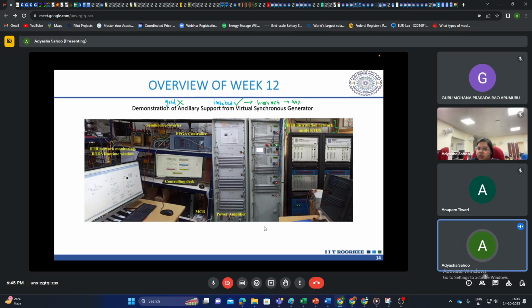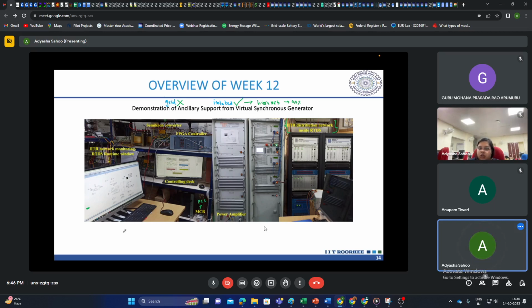Then this Semikron converter will act as the VSG basically. For monitoring purposes, you have this screen which was showing the RTDS runtime window. Then this MCB will act as the PCC for protection of this power amplifier basically.